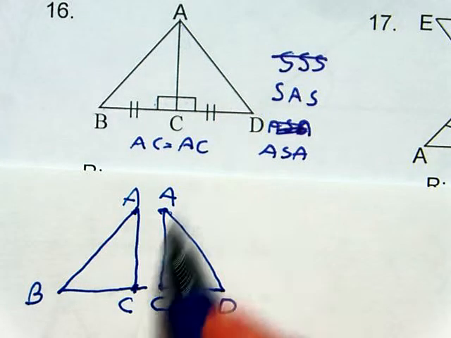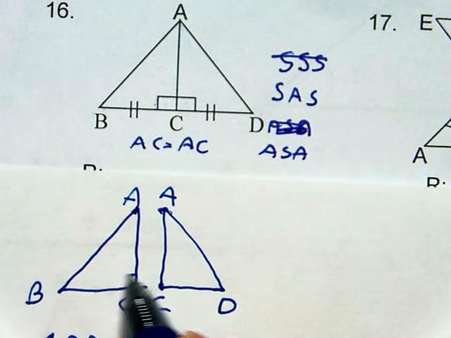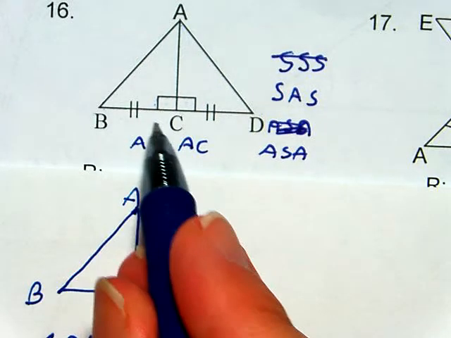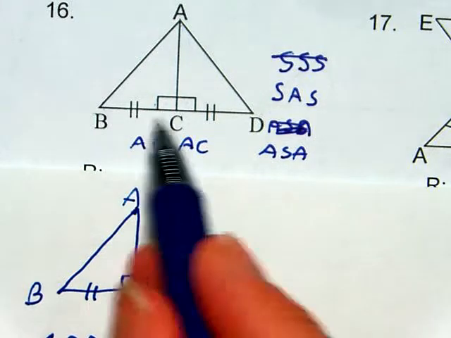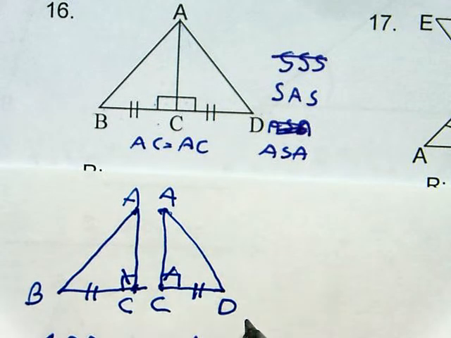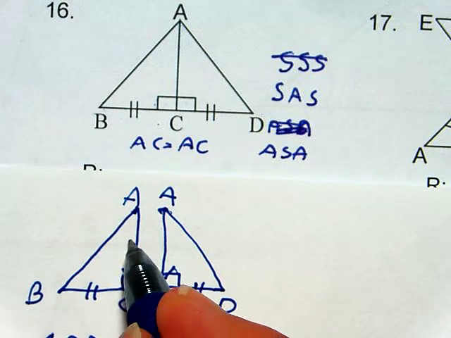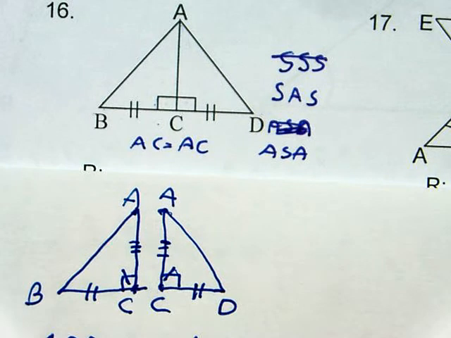And if we look at triangle ABC and triangle ACD, we will see that side BC is congruent to side CD, that the two right angles are congruent to each other. I could put a little dash between them to show that they're congruent. And side AC is congruent to side AC.